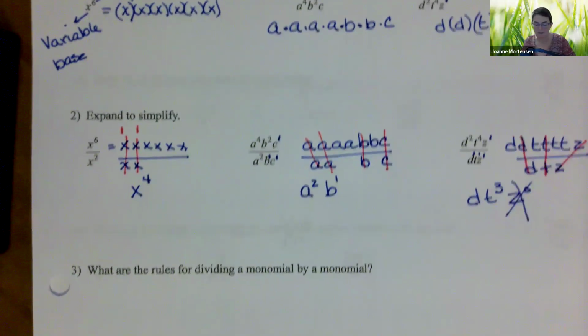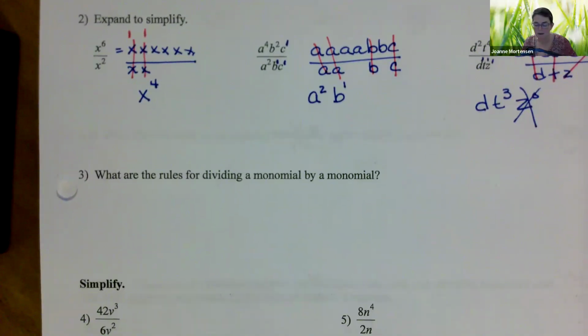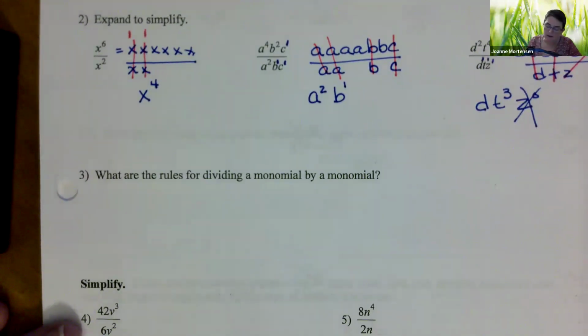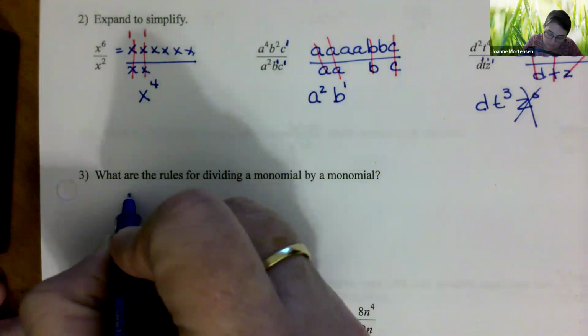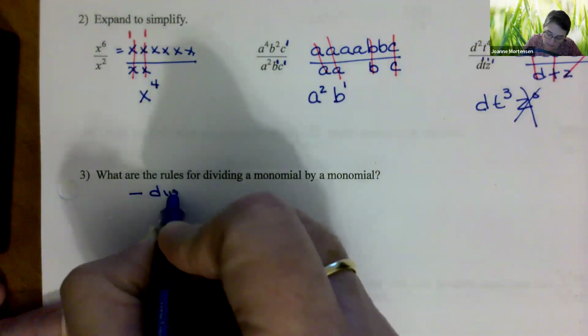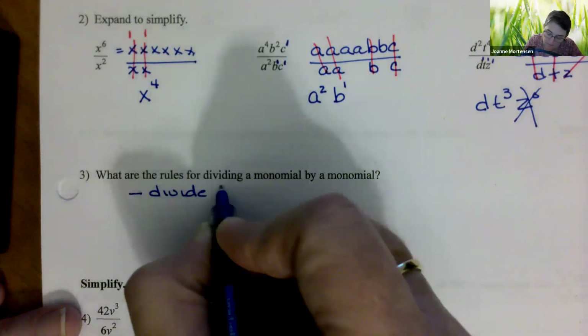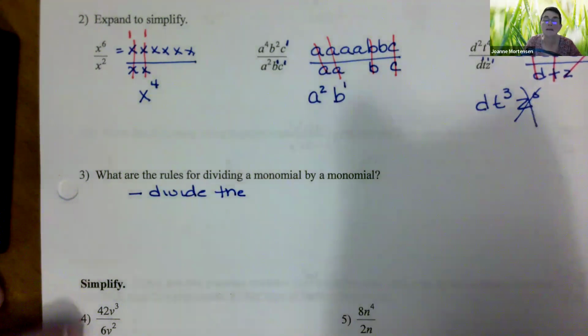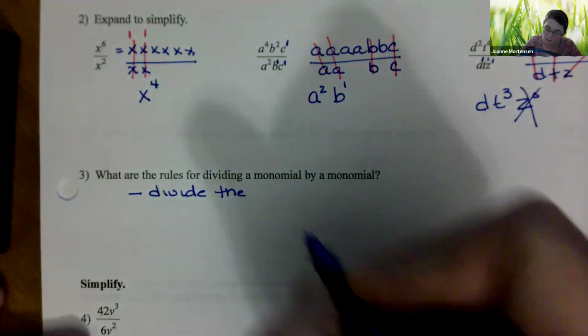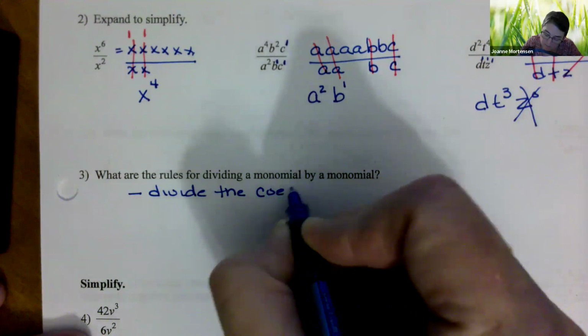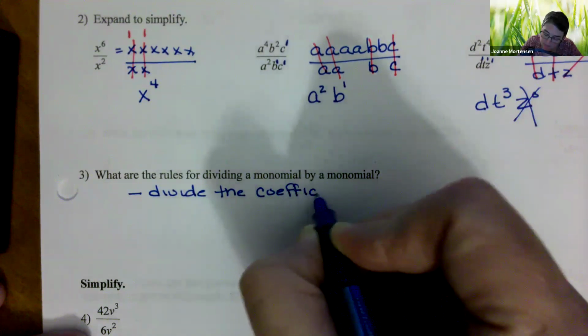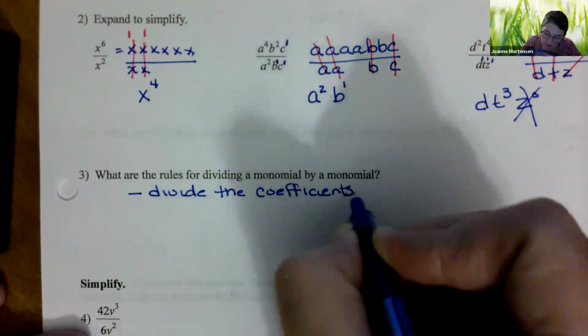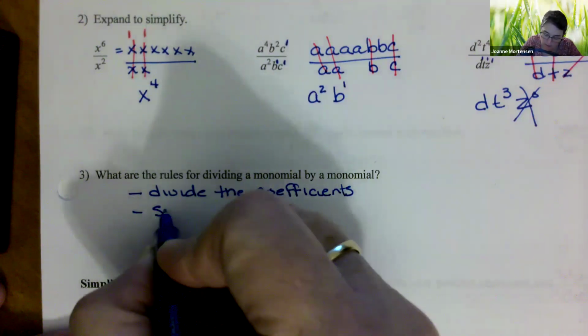Okay, so what are the rules for dividing a monomial, one term, by a monomial, one term? So divide the numbers. I'll divide the big numbers out front, the coefficients. And subtract your exponents.